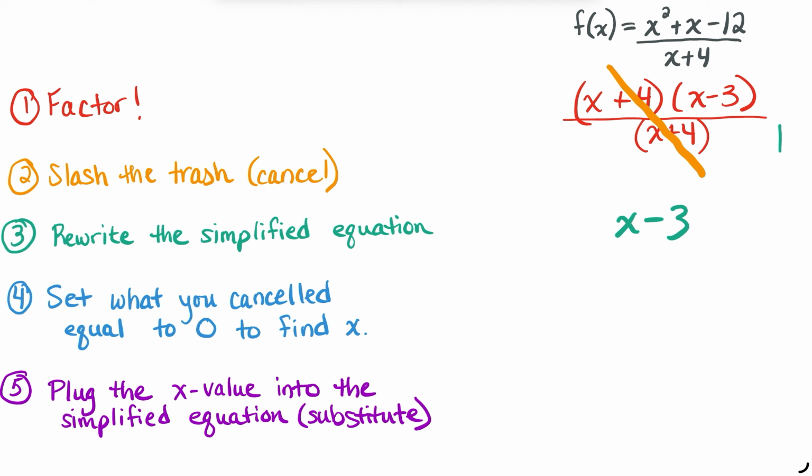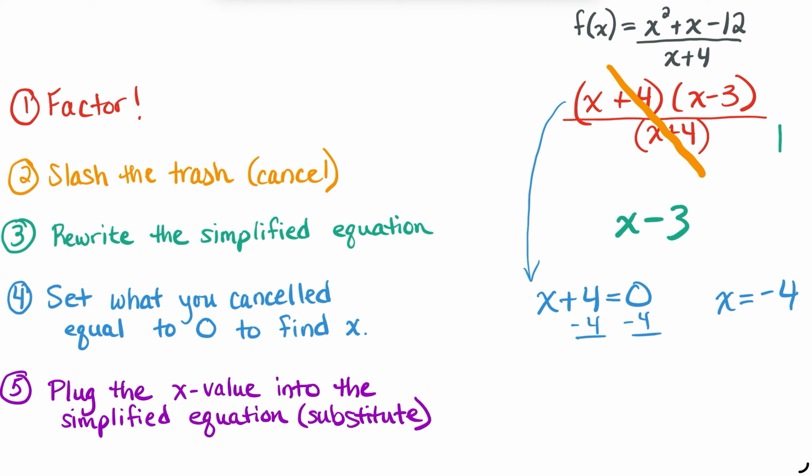So x plus 4 equals 0, subtract 4 on both sides. So we have x equals negative 4. So I'm going to draw a little line down to here.